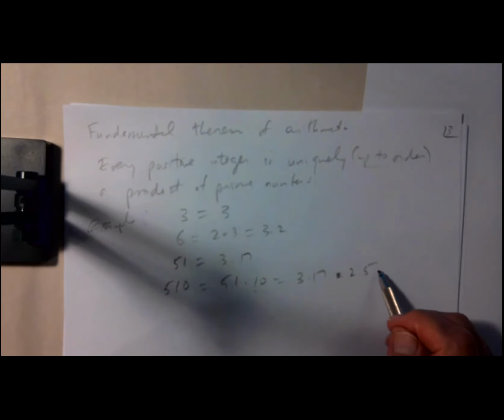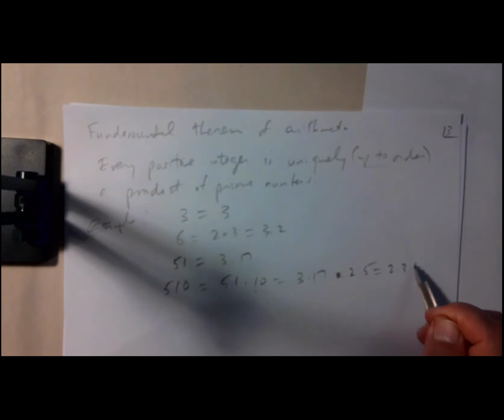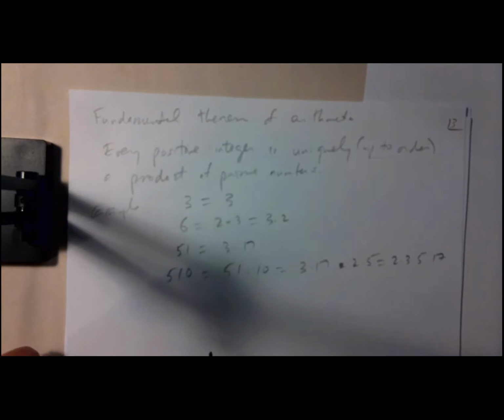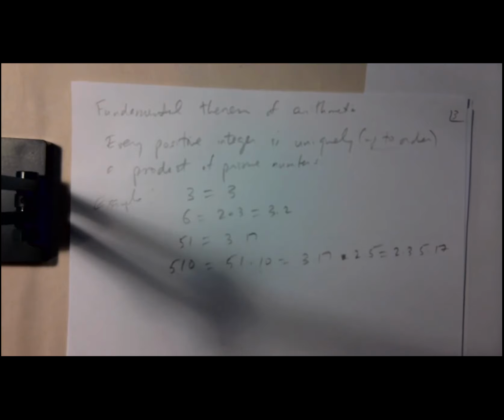So this is the factorization. If I write them in increasing order, it looks like that. So it's very important when you're studying number theory to spend some time just trying to factor integers.